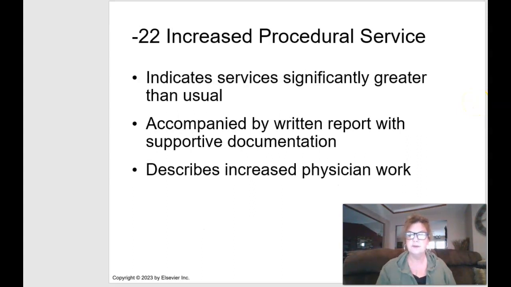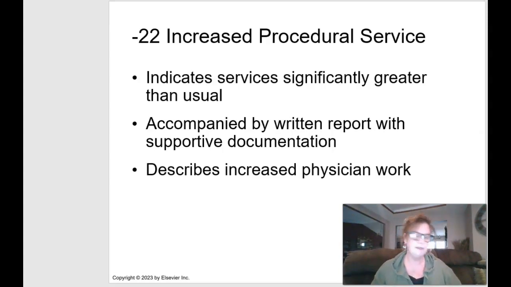So let's start with, as you've learned so far in this semester, that a CPT code is 5 numbers, right? So with a modifier, you're going to have those 5 numbers, and then you're going to go dash. And in this instance, we're going to start off with increased procedural service, 22. Keyword here, procedural.